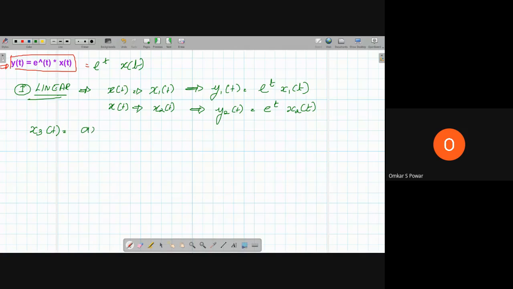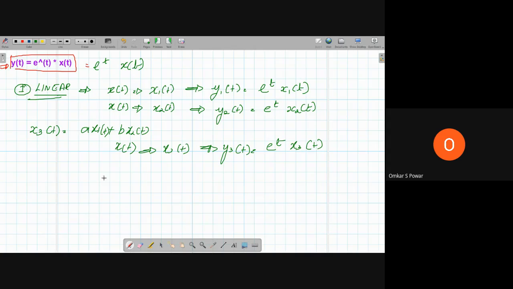I told you: a into x1 of t plus b into x2 of t. Now if x of t is equal to x3 of t, then y3 of t is equal to e power t into x3 of t.